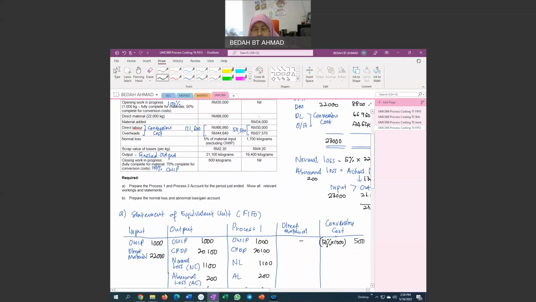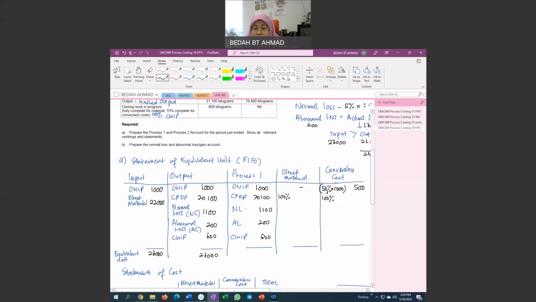For the completed production, the rest, we can say that it is 100% completion for the conversion cost. All the other items like the CPDP, normal loss, and abnormal loss we consider as 100% completed.